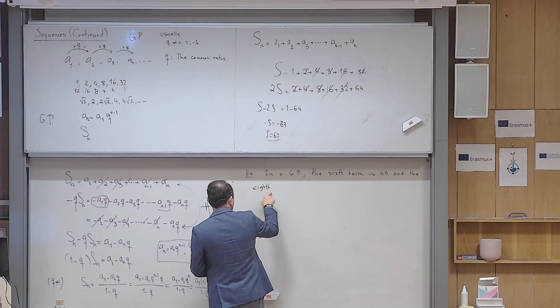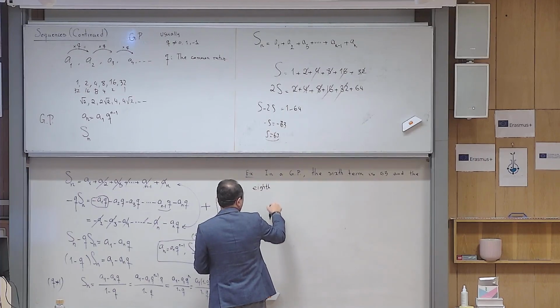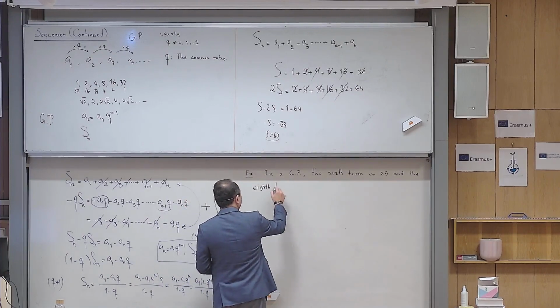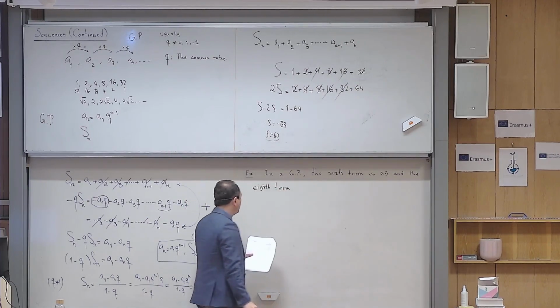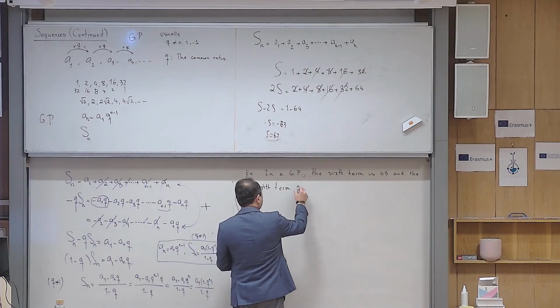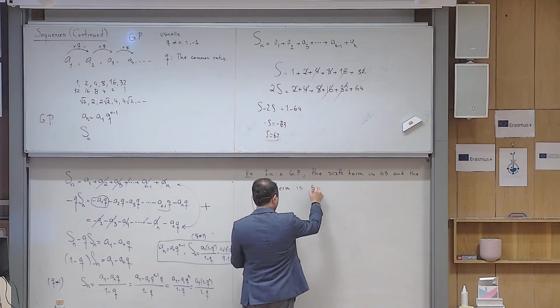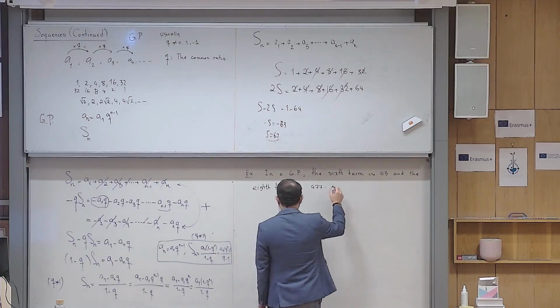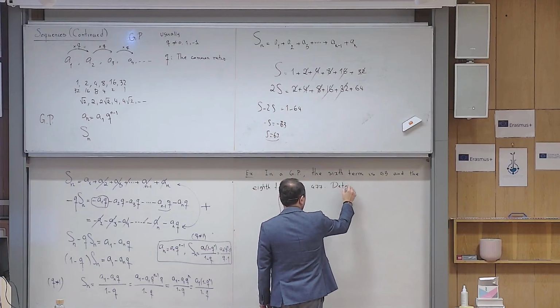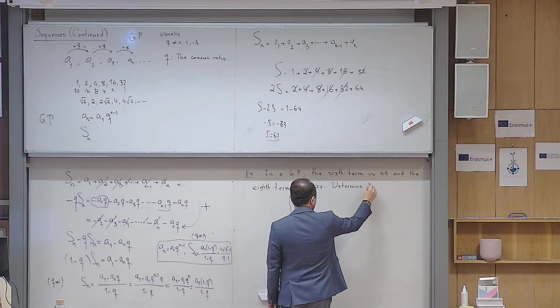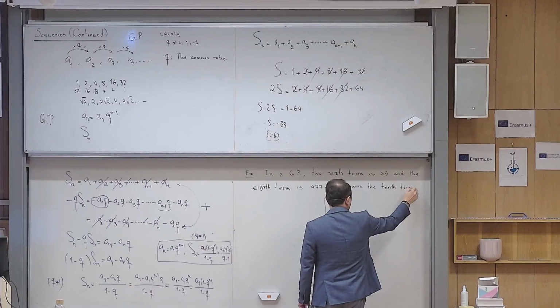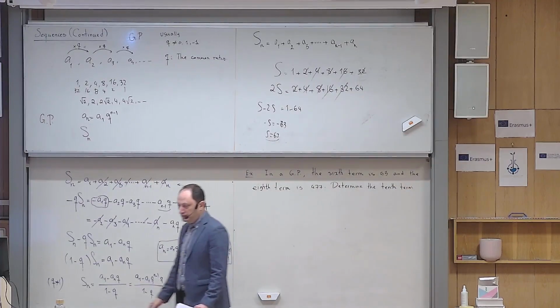Is that right? Eighth term, do you write the eighth like this? Yes, okay. It doesn't look familiar to my eyes anyway. So, the eighth term is 477. Determine the tenth term. Okay, so this is a very simple question.